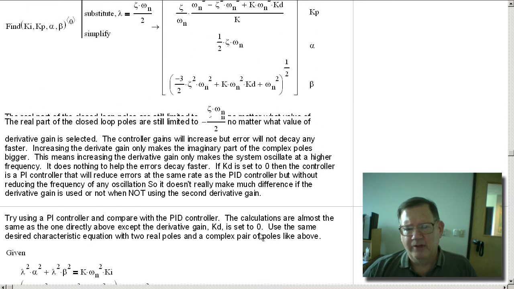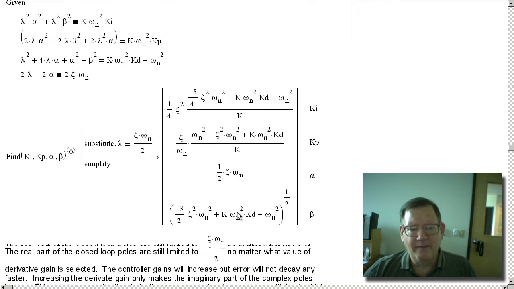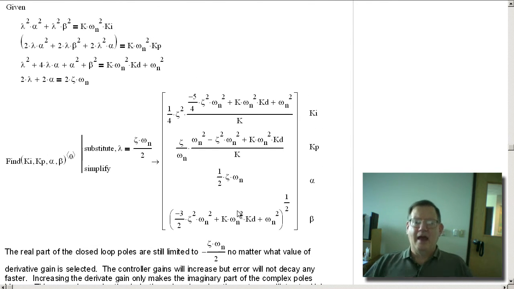But let's go back to when we have the derivative gain, and if I increase it from 0, you can see what it will do is it'll make the integrator gain higher, the proportional gain can be higher, the real part of the complex pole and the real part of the real poles are still going to be the same, and the imaginary part of the complex poles is going to be larger.